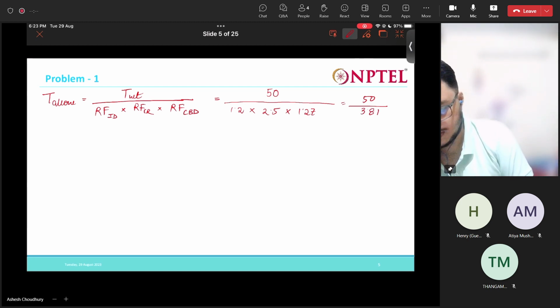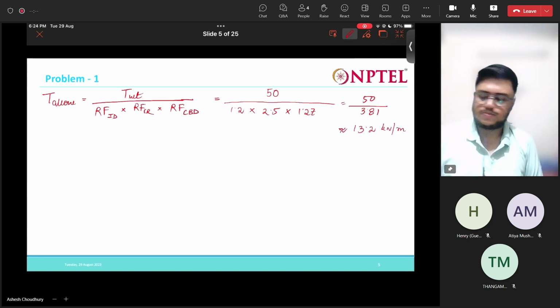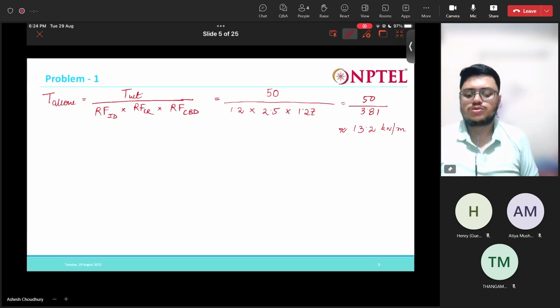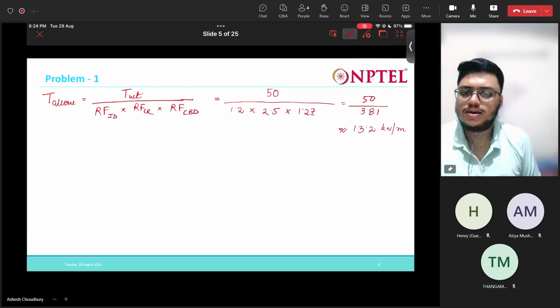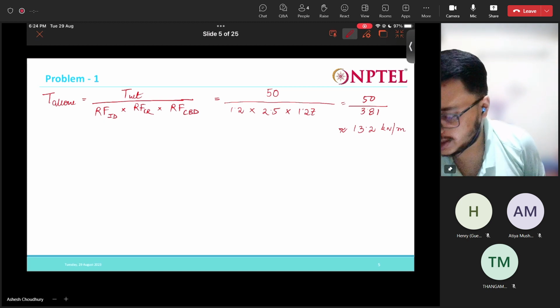So it is something like 13.2. Okay, let's say 13.2. Right, so you got the allowable tensile strength.